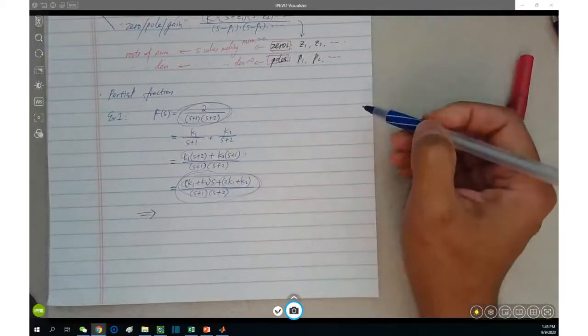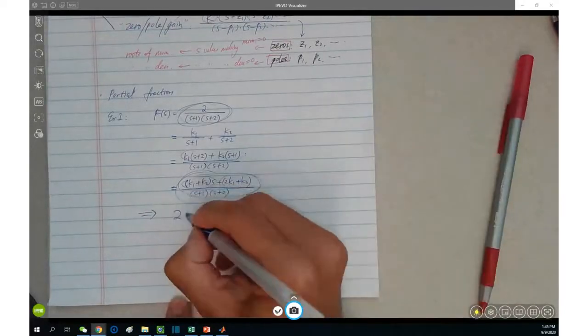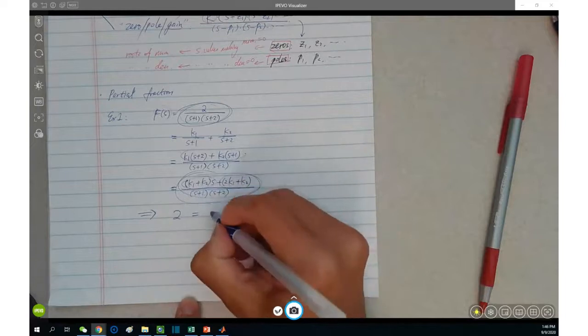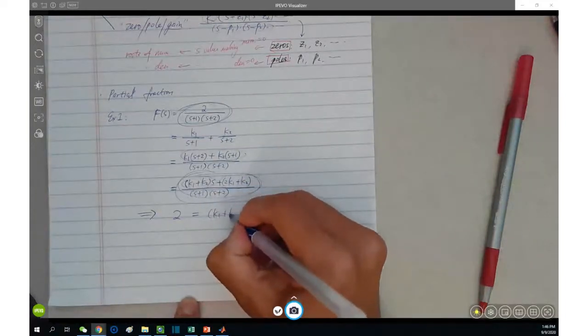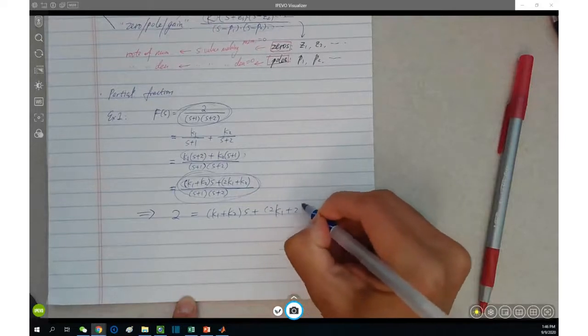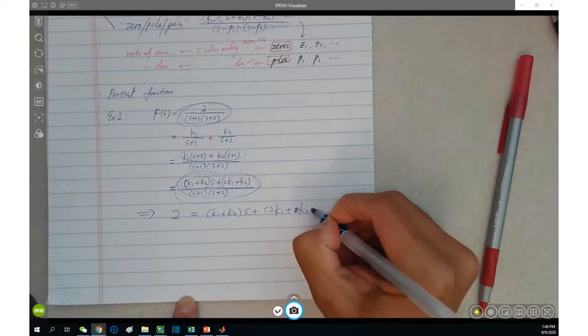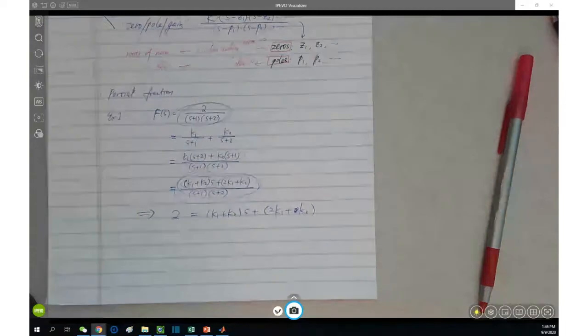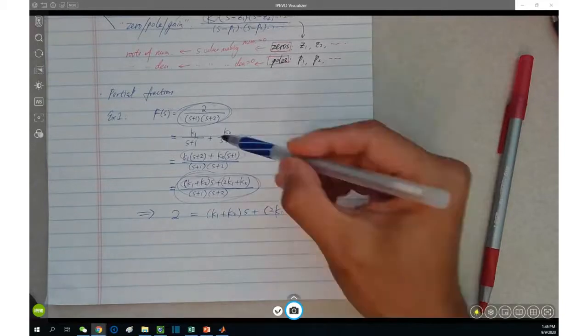What matters is that since they're equal, the numerator must be the same as well. This is the conclusion we can easily have: denominators identical, so the numerator must be the same as well, right? Again, the two circles are the same.